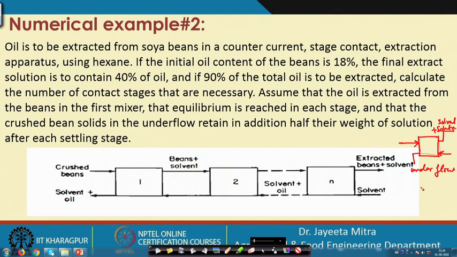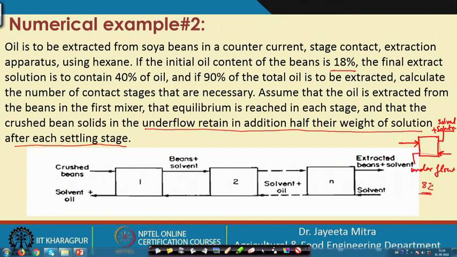So, here it says that the crushed bean solid in the underflow retains in addition half their weight of solution after each settling stage. That means, after one stage, let us say the beans have 18% oil. So, if we take 100% material coming into the system, in the first stage 18% is the oil, so 82% will be the solid material.